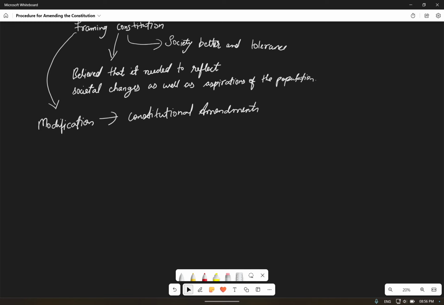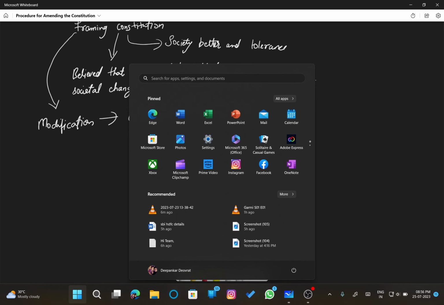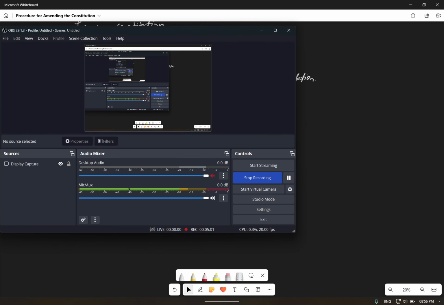There are a total of 25 parts of the constitution, and within that, part 20 deals mainly with the constitution amendment.